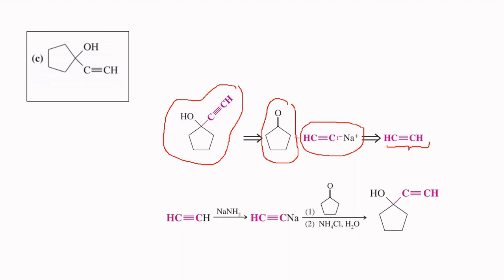So what we have here is ethyne. When we introduce sodium amide, this terminal C triple bond H, because this is a very strong base, will abstract this proton, so you will get this compound.